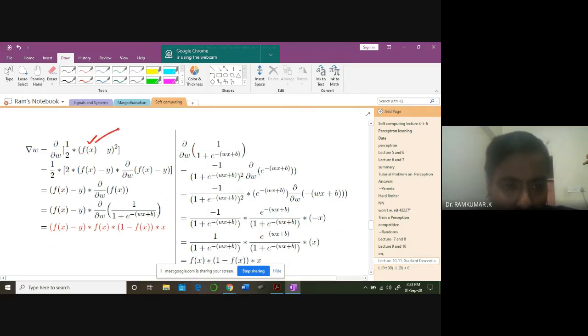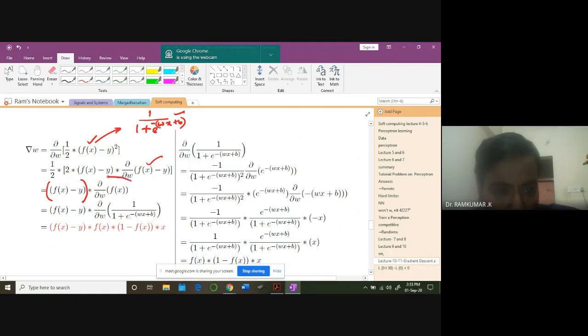What is this f of x? 1 by 1 plus exponential of minus (wx plus b). I'm going to differentiate with respect to that only. So dou by dou w of (f of x minus y) squared: 2 times that comes down, the 2 gets cancelled, and I'll get the first term like this.